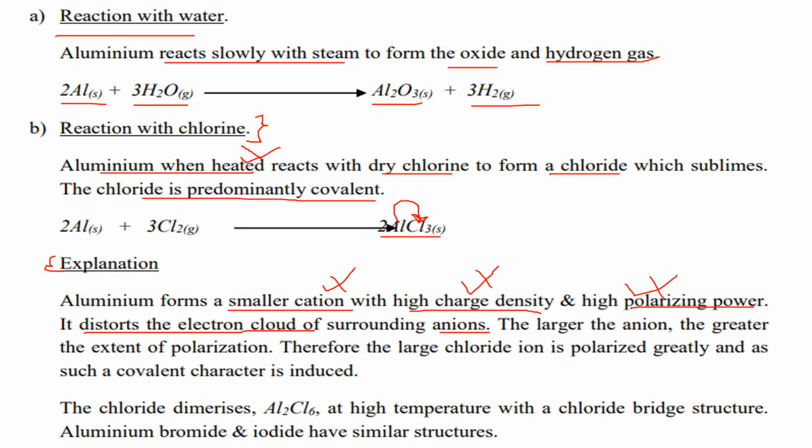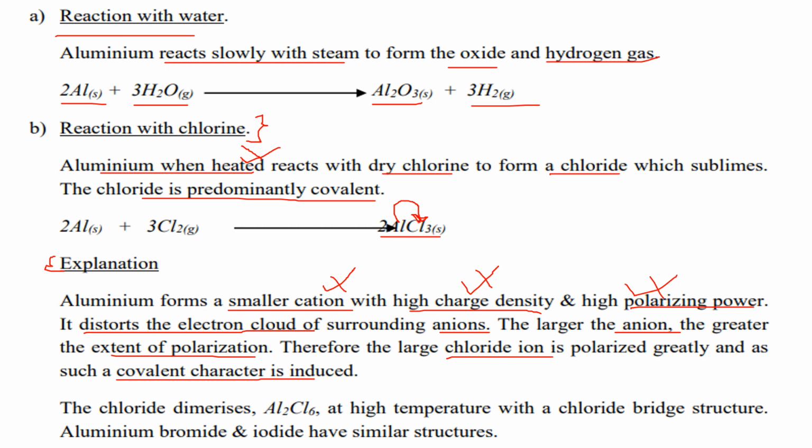And we are saying that the larger the anion, the greater the extent of polarization. And therefore, the large chloride ion is polarized greatly, such that covalent character is induced. So the higher the polarizing power, the greater the weakening of the ionic bonds in aluminium chloride.